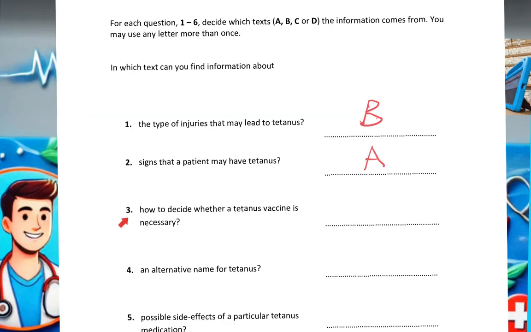Question number 3, how to decide whether a tetanus vaccine is necessary. So look at the question carefully. How to decide. So it's about treatment guidelines, which will help you to decide. So we go to the text that contains treatment guideline.